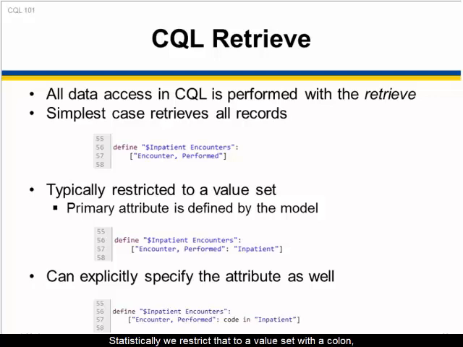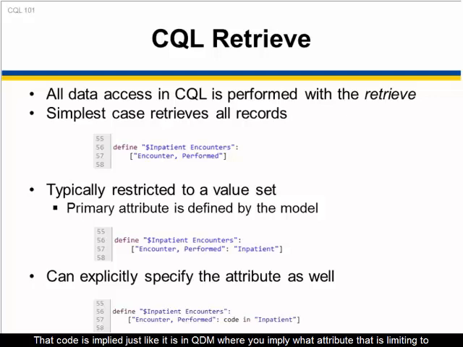We typically restrict that to a value set with the colon. This is reminiscent of QDM element syntax here. That's why we chose that direction. But this effectively says encounter performed where the code matches the inpatient value set.